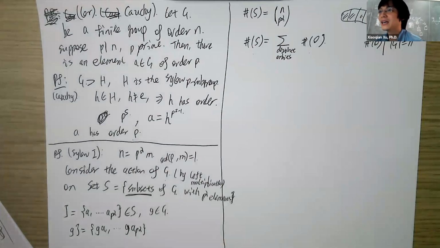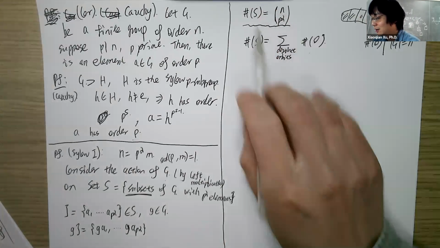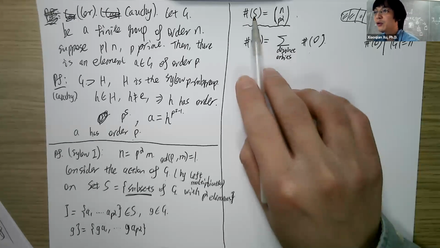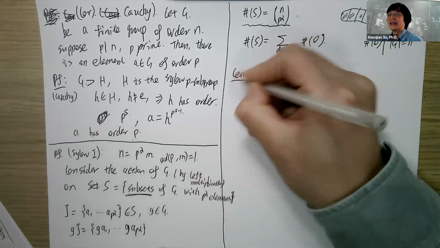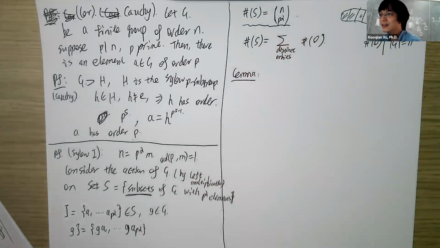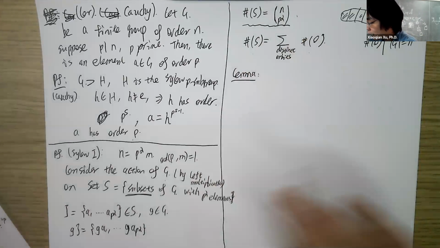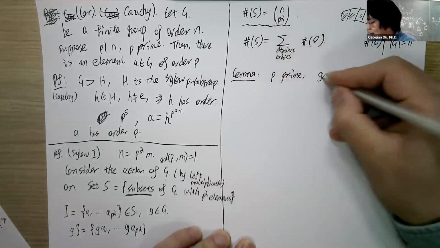Now what we can say is a little bit more than that. We can observe that the total number of elements of S is a very special number. We have a lemma saying that p is not a factor of this number. Suppose p is prime and gcd(m, p) equals 1.